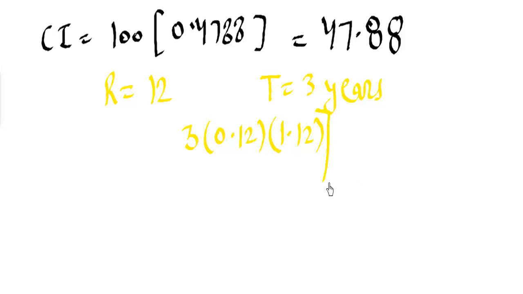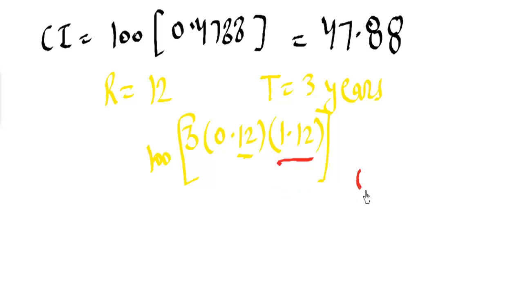Now I have to multiply it with the principal. Let's say my principal is 100 rupees. You just have to multiply this 0.12 with 1.12, so 0.12 into 1.12.